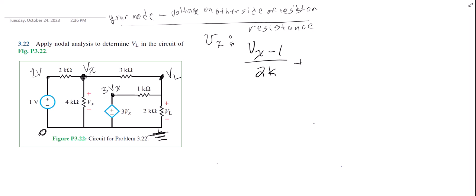And then plus Vx minus 0, because the other side of this one is ground, over 4k. Plus Vx minus VL over 3k has to equal 0.